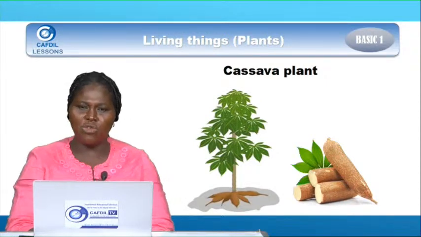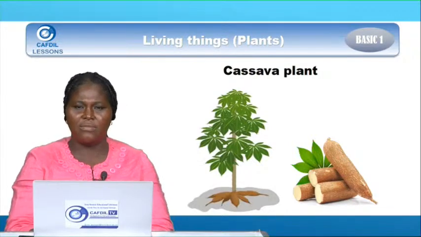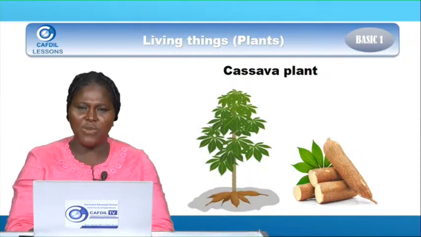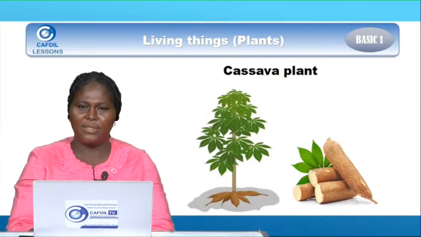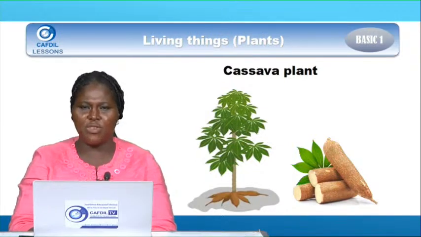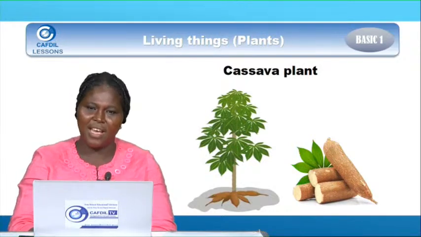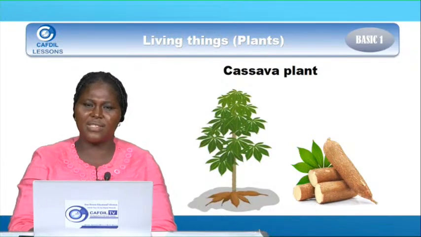When we want to use it to prepare our food, we uproot the whole plant and we get the cassava from the soil. Unlike pepper and tomatoes, which we get on the stem, cassava we get under the soil.